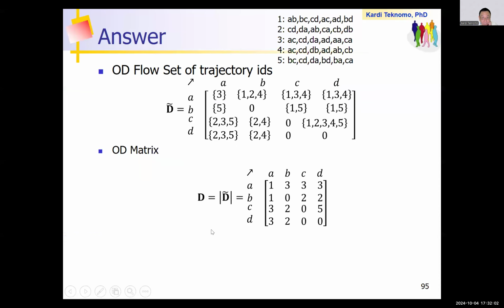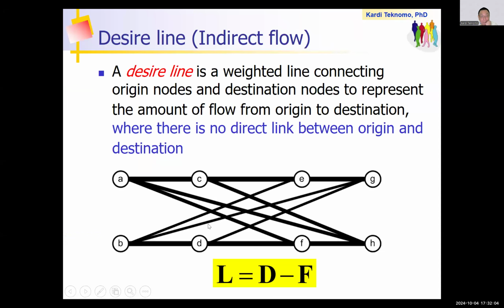Now we also have, when you have the OD matrix, D, right? And this one is the OD matrix, right? And then you have also the flow matrix. You can subtract that.